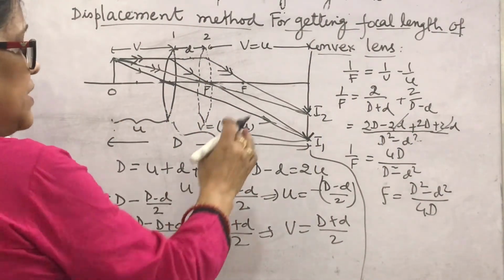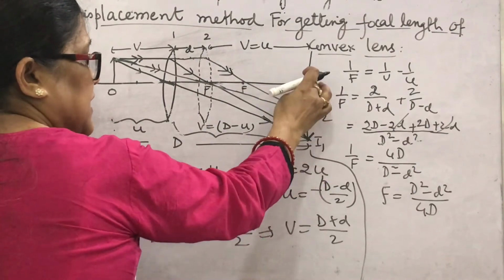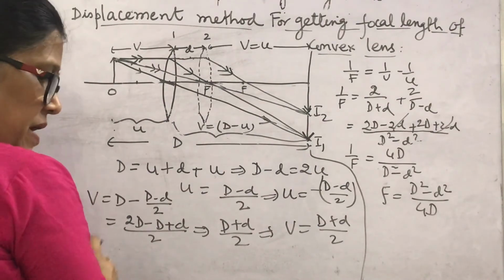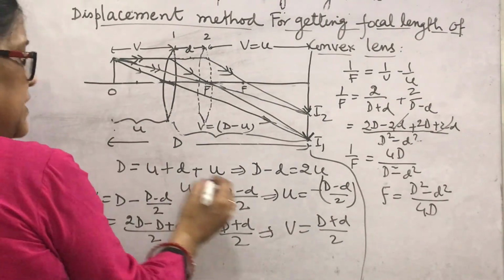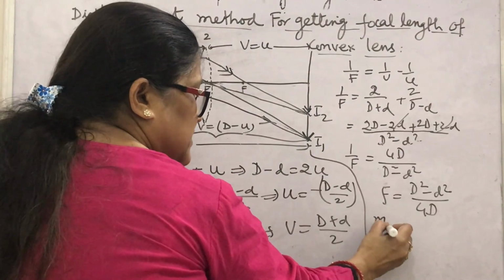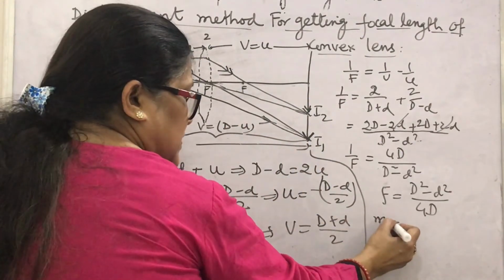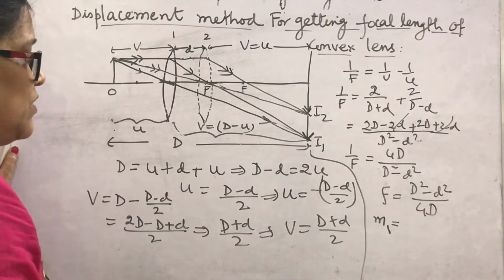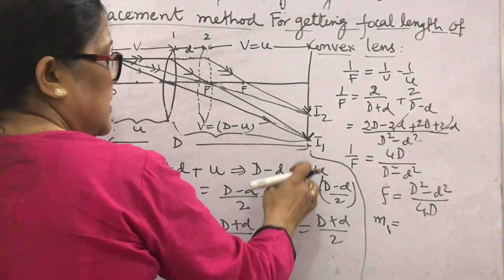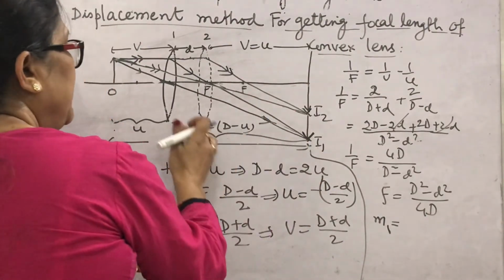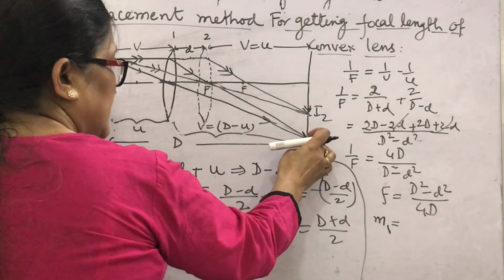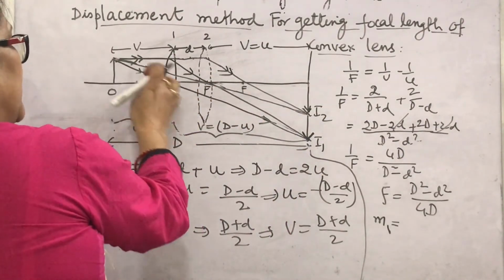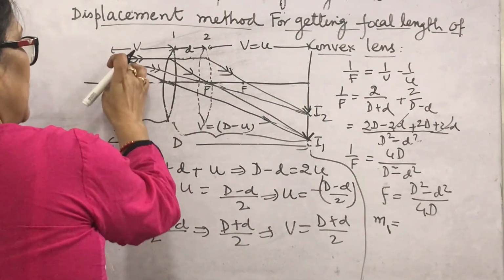Now look for the magnification in case of the first image. You know what is the magnification? Magnification is given by, for the first case m1, m1 is I1 upon O, size of image upon size of object. Look here, size of image I1, if you consider that this is the triangle for the first image and this is for the object case. Okay, this is the object triangle.